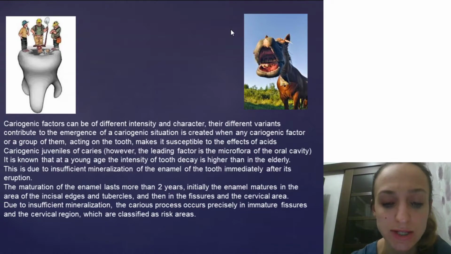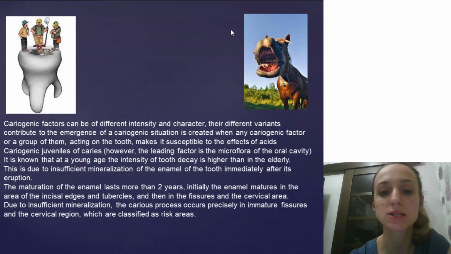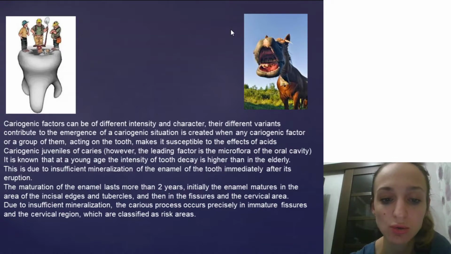The first stage is an organic film, the pellicle. Second, microorganisms and epithelial cells adsorb onto the pellicle surface. And third is the formation of mature dental plaque.